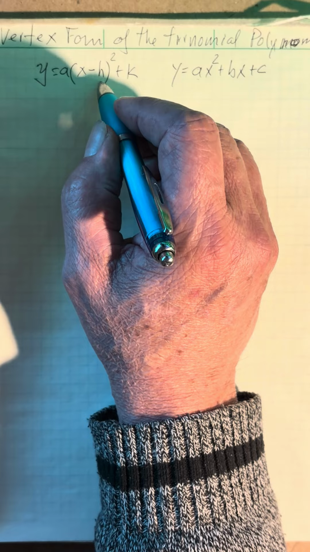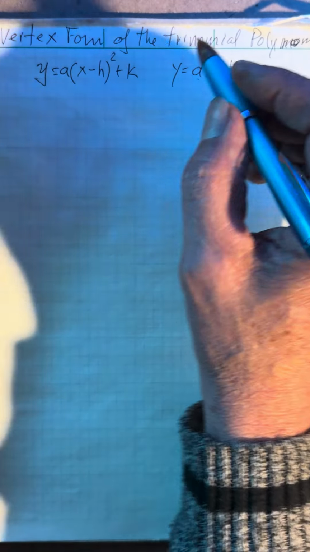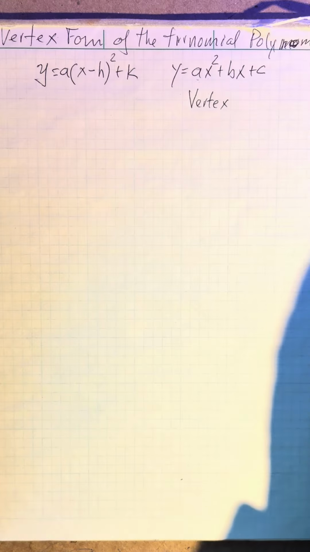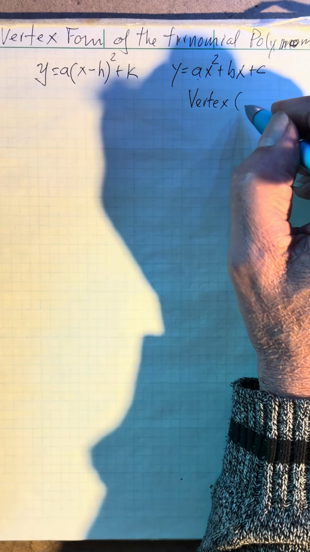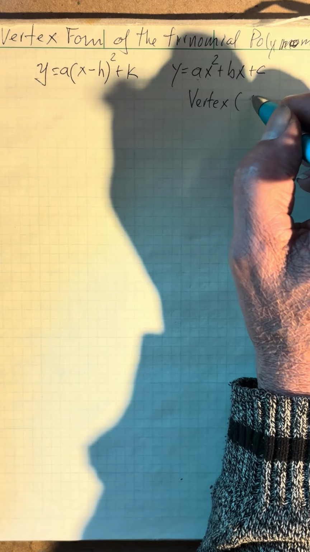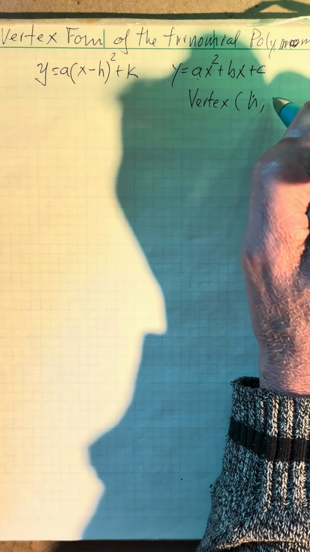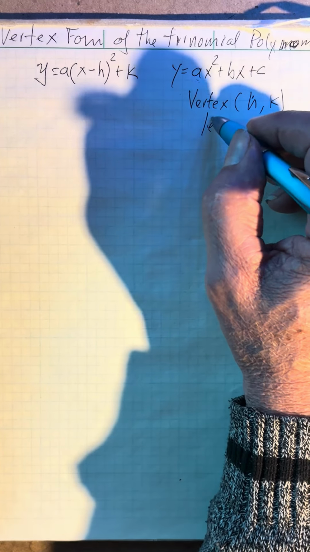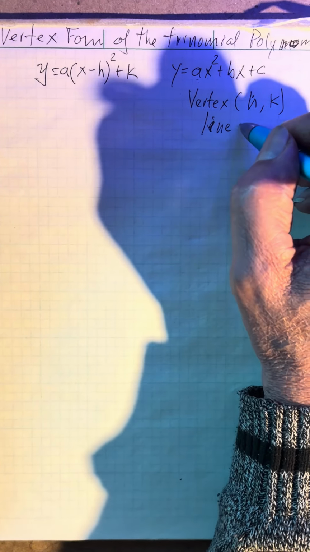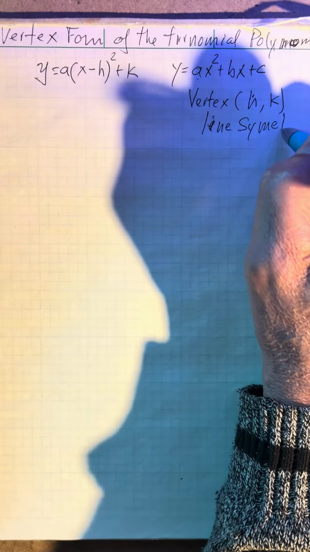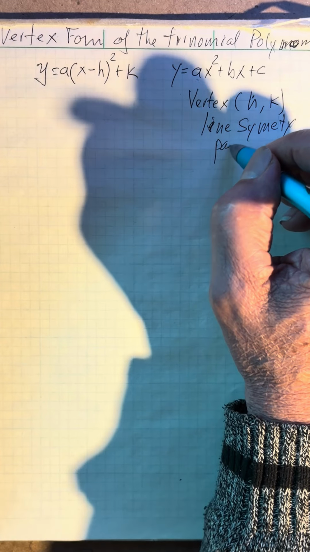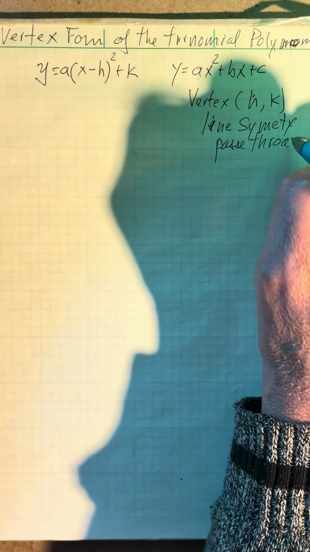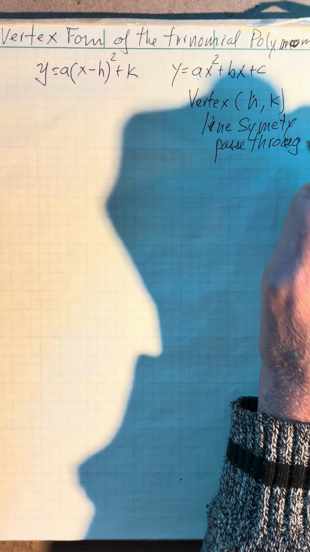H is the vertex, and the vertex is a point HK where the line of symmetry passes through. Did I write that true?